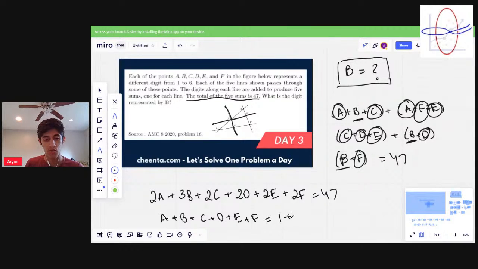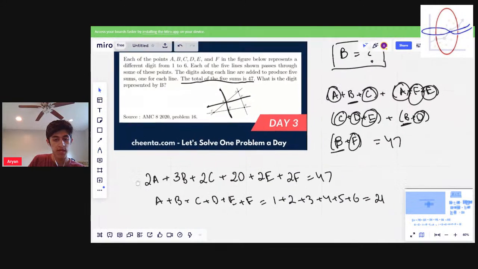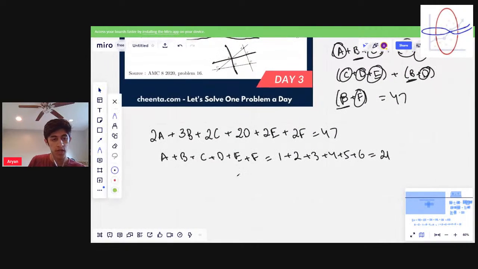So that'd just be 1 plus 2 plus 3 plus 4 plus 5 plus 6, which we can check to be 21. Now it's kind of tricky because we clearly don't have enough equations to solve for each of the variables individually. But we want to remember that we really just need to solve for B. We don't need all of the variables. The question is just asking for the value of B, right?